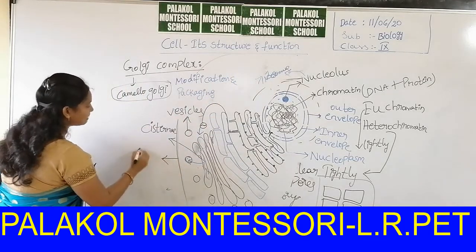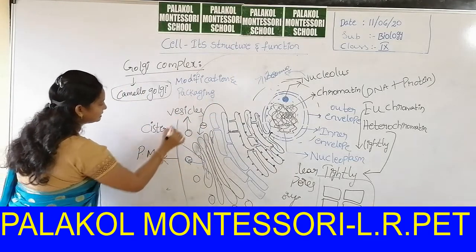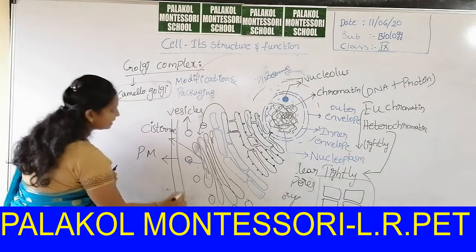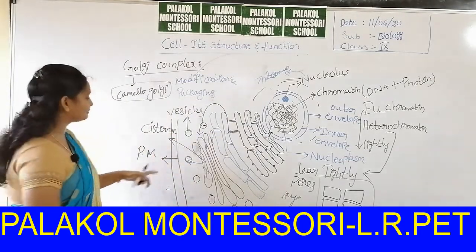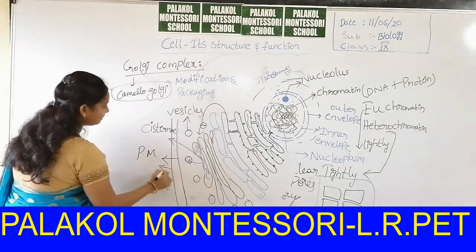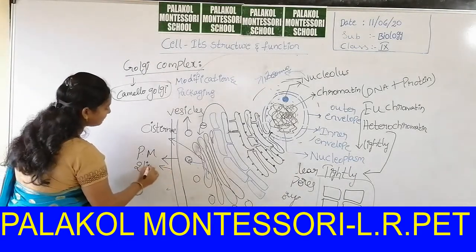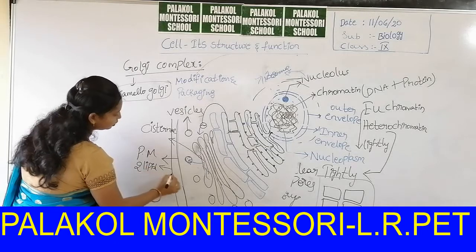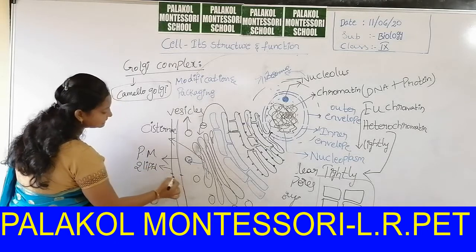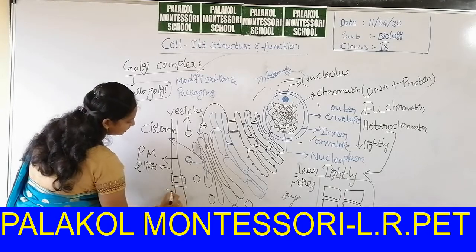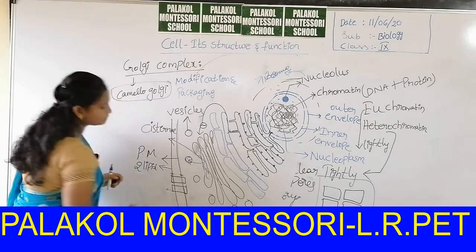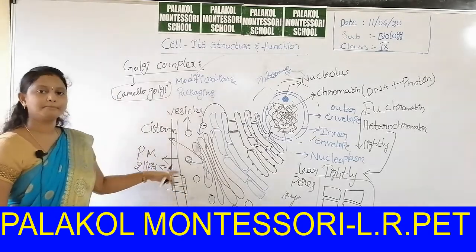Here the plasma membrane is present. This plasma membrane is double layered, a bi-phospholipid membrane. That means two lipid layers are present. Inside the lipid membranes, protein channels are also present.